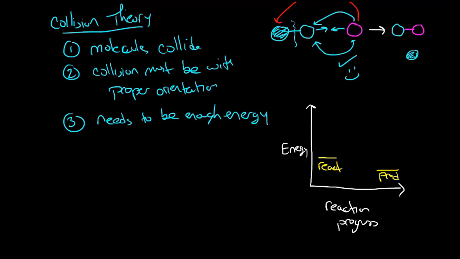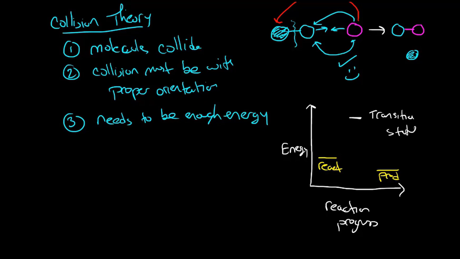As we talked about before, this process doesn't just happen. The reactants don't just proceed to products. Instead, what happens is we have to transition through a high energy intermediate. So this is called our transition state, and it's at higher energy.